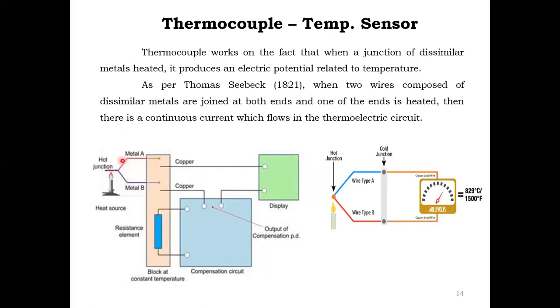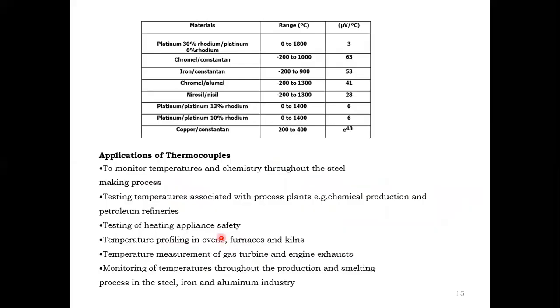Okay, this is the construction of a thermocouple temperature sensor. Here they are using two materials, that is two metals. So here, iron-constantan, chromel-alumel, and platinum-13% rhodium, like that, are used for various ranges of temperature detection.